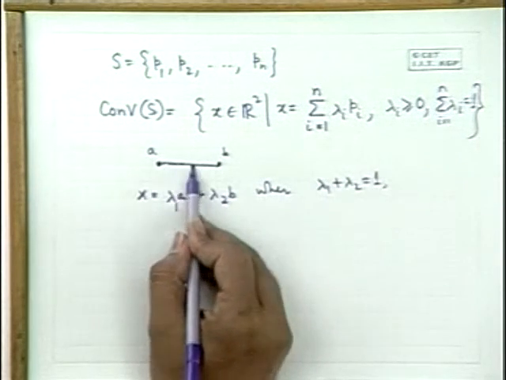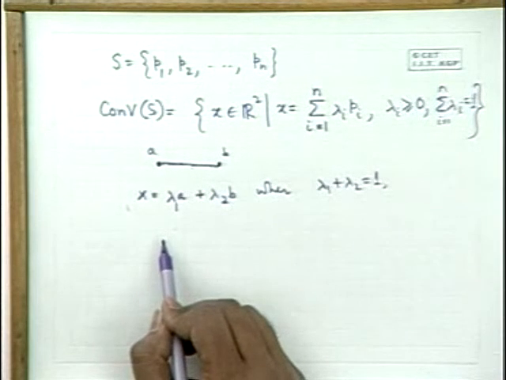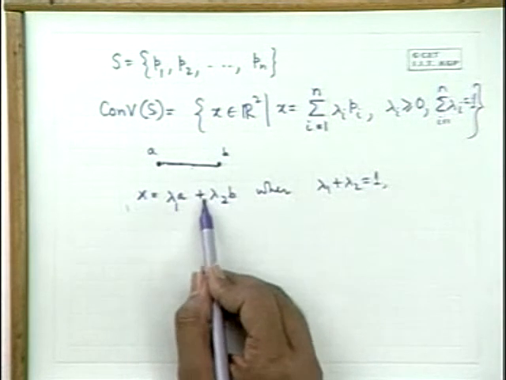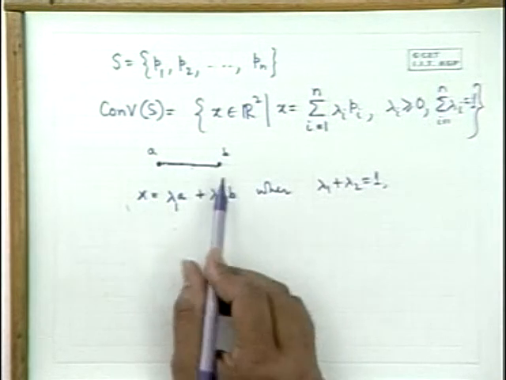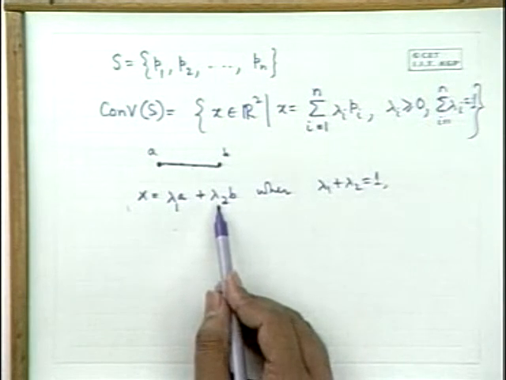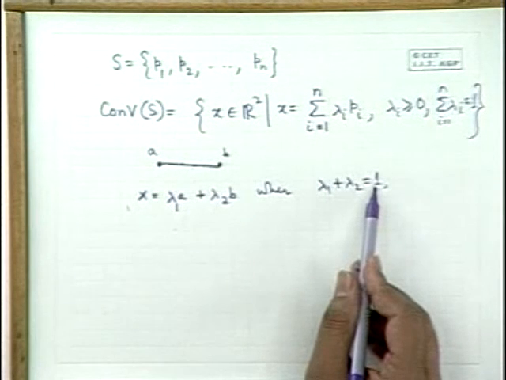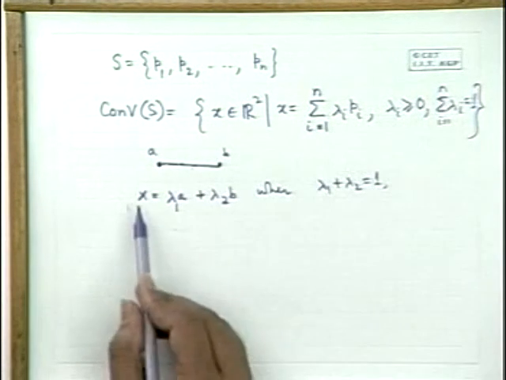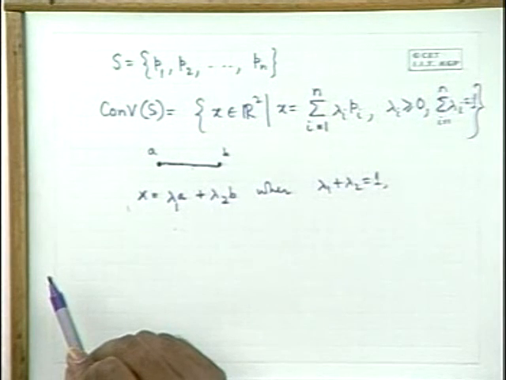Each point inside AB you can express like this. You have seen this form, lambda A plus 1 minus lambda B. Vary lambda and you will get all the points. Here lambda 2 is nothing but 1 minus lambda 1. So the convex combination of 2 points is nothing but the segment joining these 2 points.